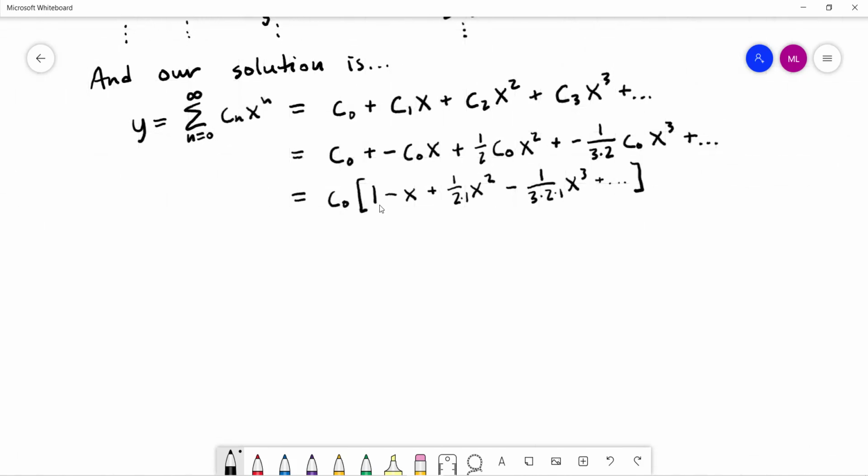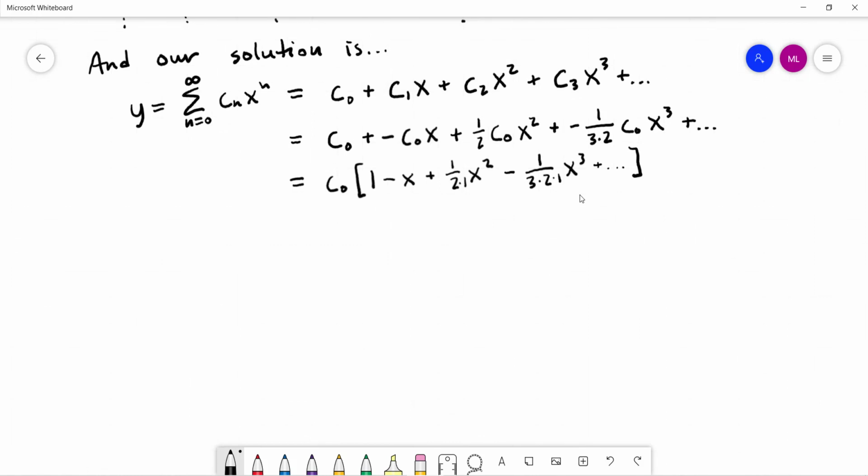And recognize that what I'm getting here, this over here is taking the form of, so we've got our C0 times the sum from n equals 0 to infinity of essentially x to the n, that's giving us the powers that we want, but what about the coefficients?